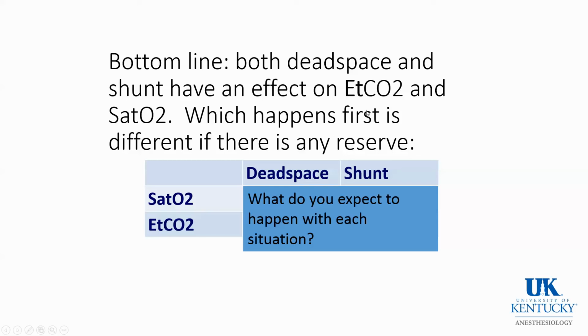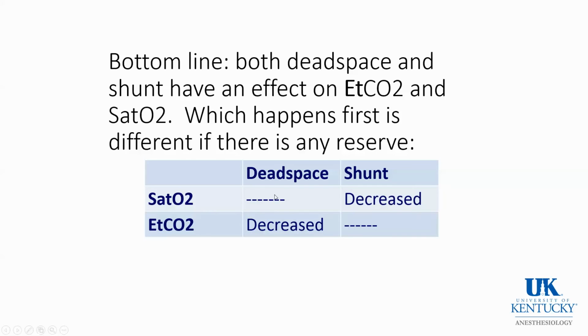However, what happens first, what's impacted first by a change in each of these things, in dead space and shunt, is different if the patient has any reserve. Okay, you can think to yourself about what would happen with each situation if the patient has an increase in dead space. Then what will be expected to happen first is they should have a decrease in their end-tidal CO2.